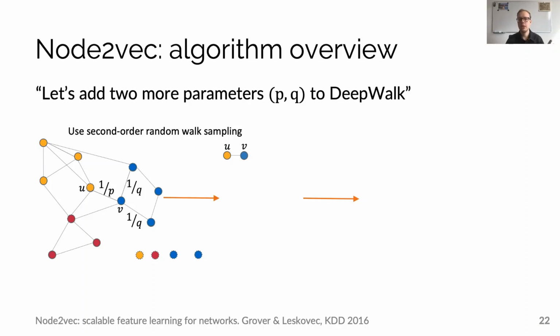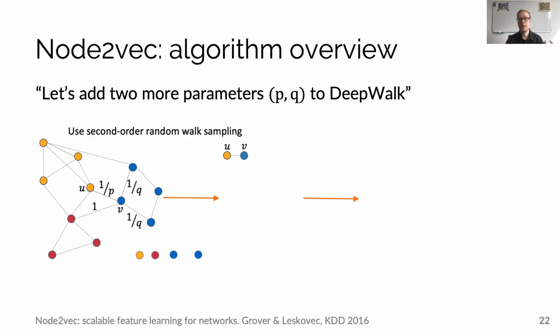So notice that blue nodes are not connected with the yellow node, U, so the weight of going to them is 1 divided by Q, and then the weight of going to the red node, because it's connected to the previous node U, is 1.